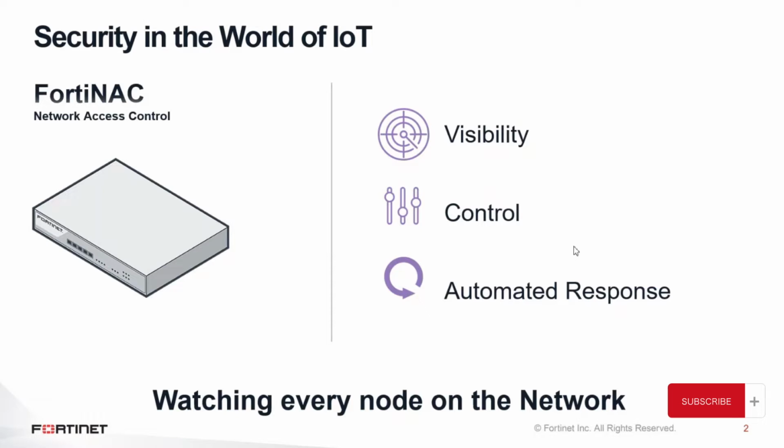There are three major things that Fortinet brings to the table, which are very important to enterprises and organizations. And one of the key aspects of it is visibility, control, and automated response.